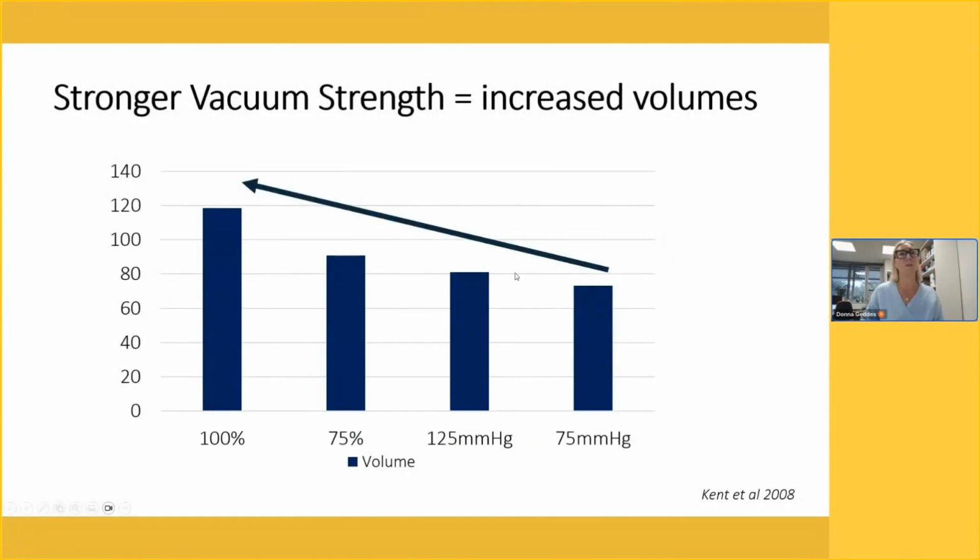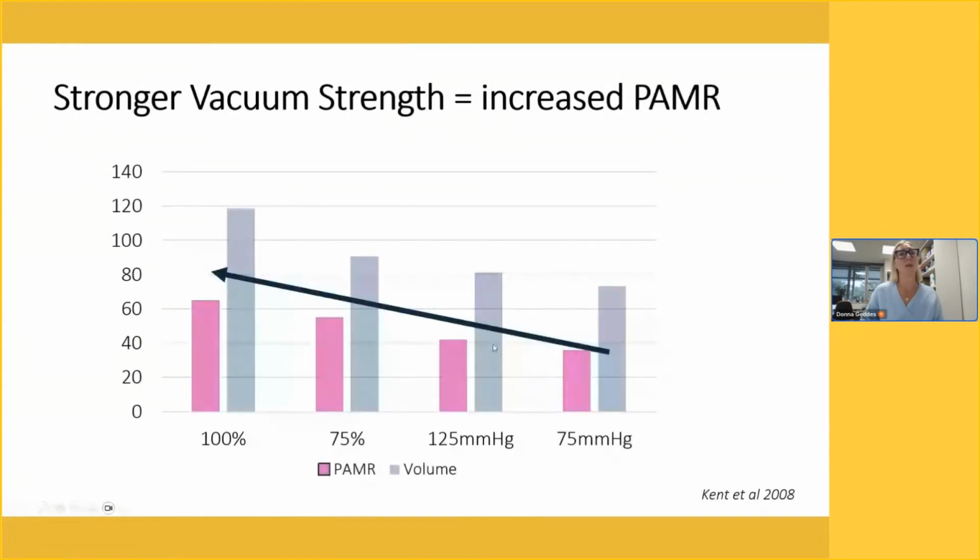And you can see there's increasing volumes removed, and it's quite significant with 100% vacuum, which is maximum comfortable. But remember, I also told you about PAMA, or percent available milk removed. And you can see that upward trend as well. So getting greater effectiveness of milk removal using maximum comfortable vacuum.